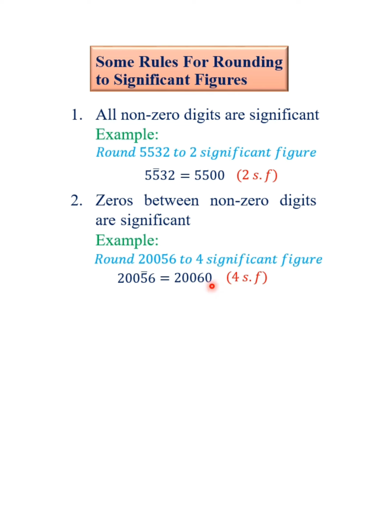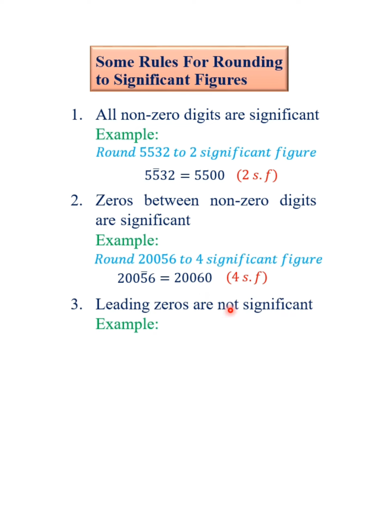Again, we have to maintain the 0 even though it is not a significant figure, because it's a placeholder. If we don't maintain this 0, we are going to lose the value of the original number. This is 20,056. If we take out the 0, it becomes 2006. The value is gone. So we need to keep the 0 to maintain the value even though it is no longer a significant figure.